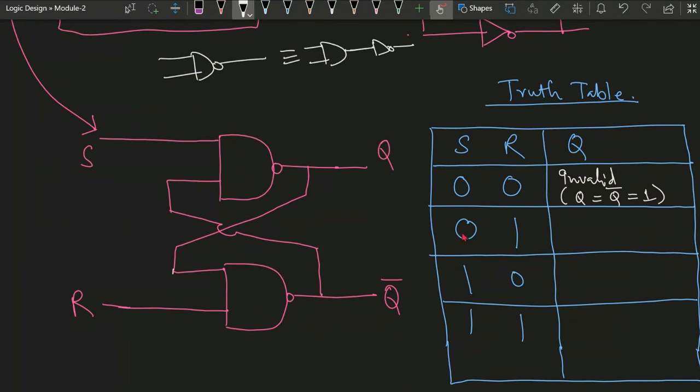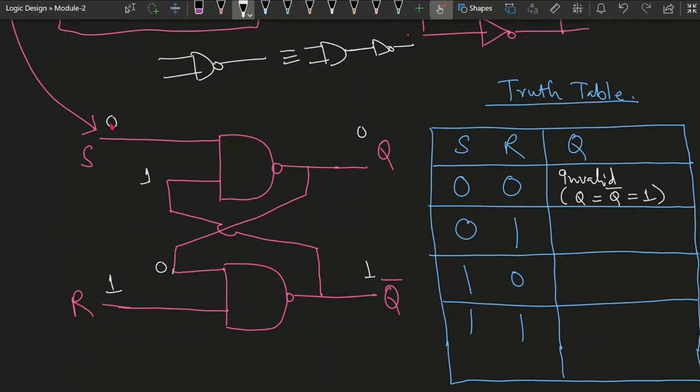Next case we will be looking at 0 and 1. If S is 0 and R is 1, then if we put the value Q equal to 0, initially we are thinking Q is 0 and then Q bar is 1. Then if we apply input 0 and 1, what will be the next output? This is 0, so here it will be 0, this is 1, so it will be 1.